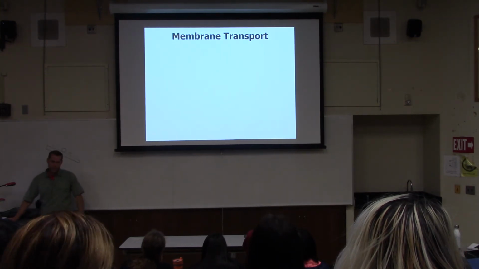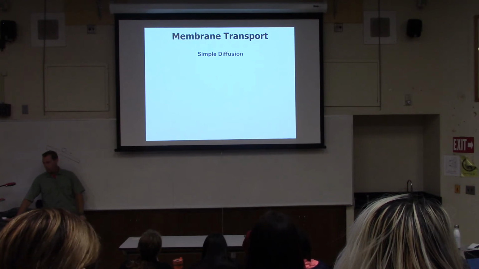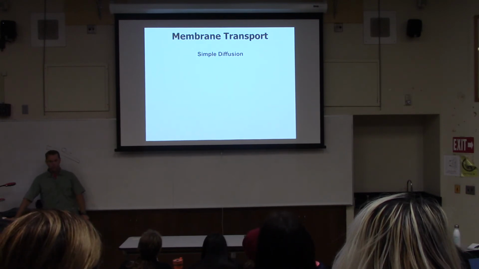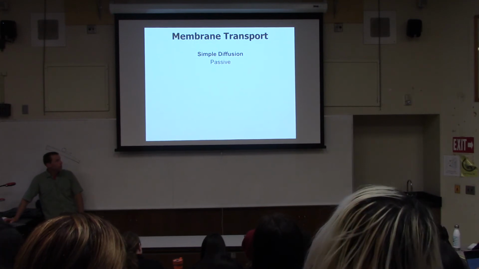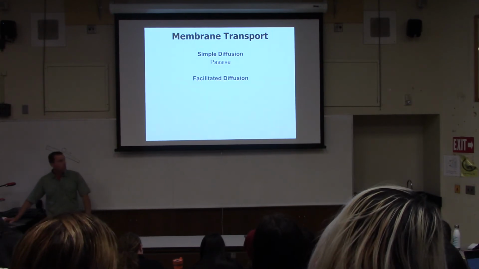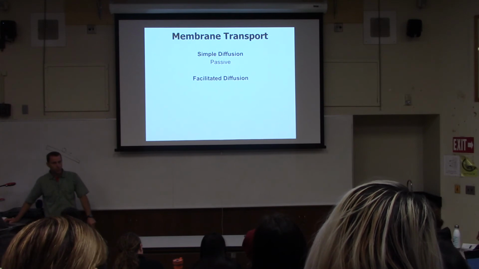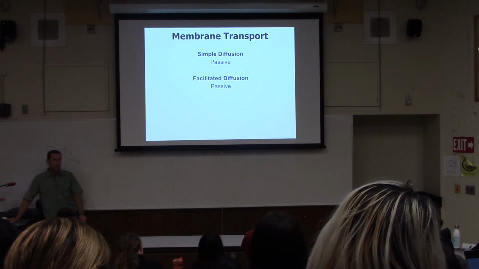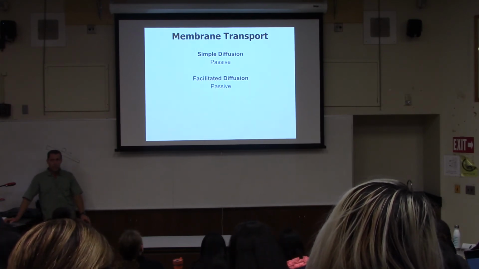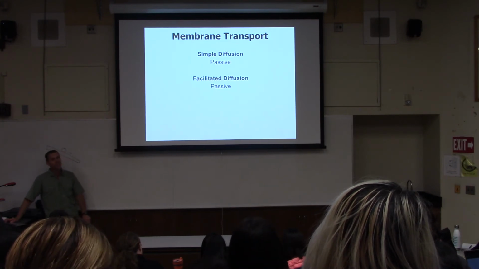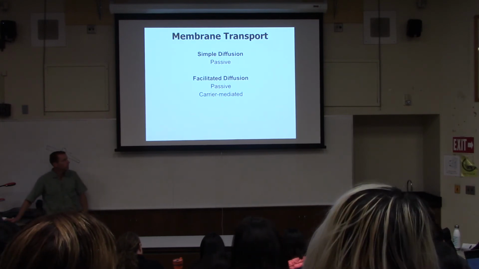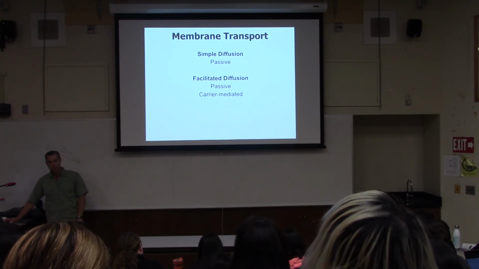All right, so we've talked about diffusion in general and specifically simple diffusion. Simple diffusion again just goes right through the cell membrane on its own. That's a passive process. Let's go ahead and talk about facilitated diffusion now, which is also passive. Right? It's a form of diffusion, but whatever's diffusing, it's going to need help to get through. It's carrier mediated.